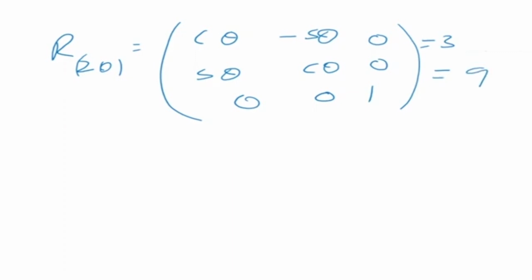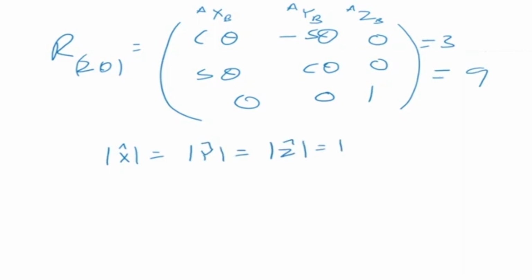Now what are those? We have seen that each of these is a column vector representing x, y, and z. So this is the x-axis of B with respect to the x, y, z of A. Similarly, this is the y-axis of B, and this is the z-axis of B with reference to the x, y, z of A. Now these are column vectors, so I can say that the magnitude of x is equal to the magnitude of y is equal to the magnitude of z is equal to 1.